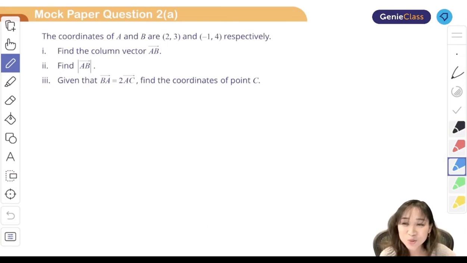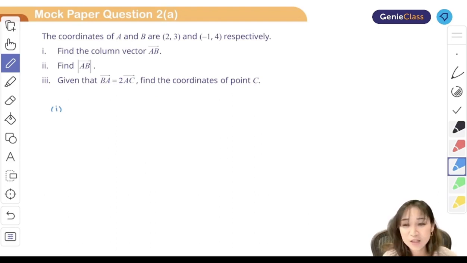So that brings us to mock paper question 2A. The coordinates of A and B are this and that respectively. Find the column vector AB. So part 1 is pretty simple, I hope. Maybe I'll just test you guys. Does everyone know the position vectors of A and B?